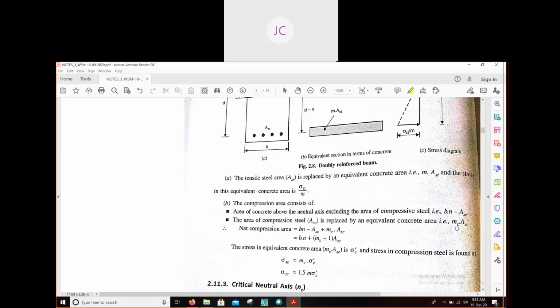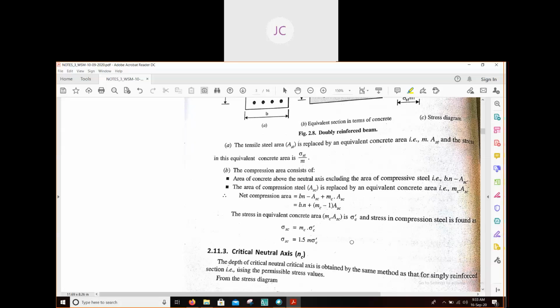I hope you can understand. This is very simple, just add the two values. You can take ASC common, and get MC minus 1.